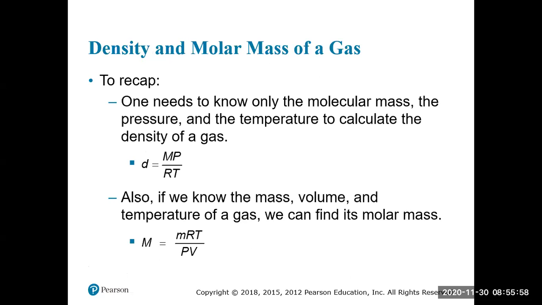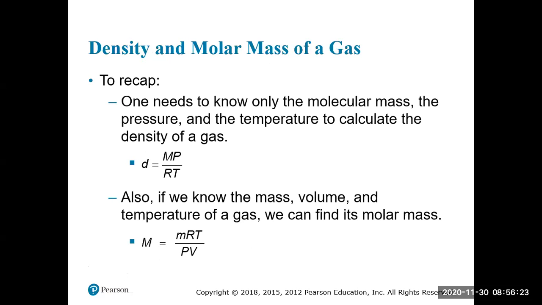So just to talk about this a little bit more. If we only need to know the molecular mass, the pressure, and the temperature to calculate the density of a gas, and if we know the mass, the volume, and the temperature, we can calculate the molar mass.